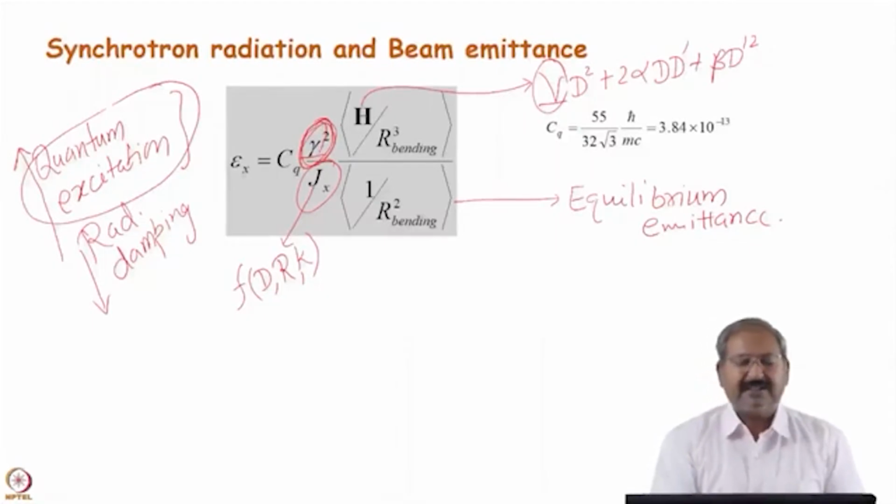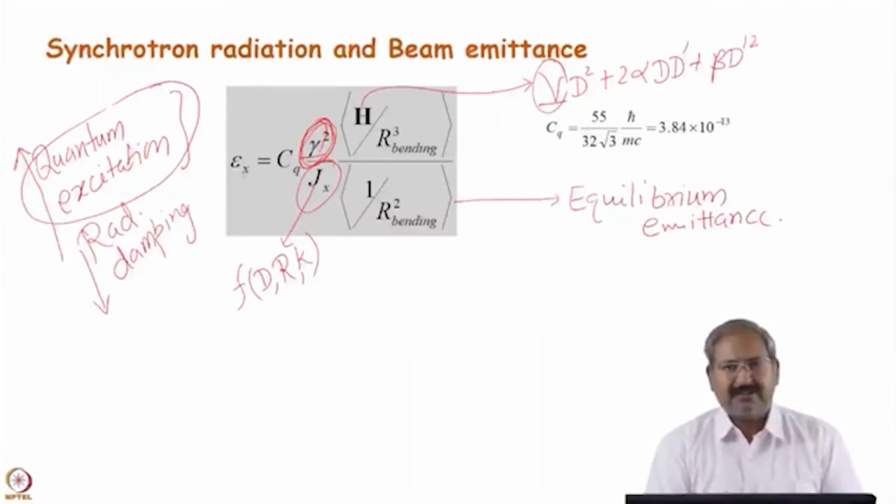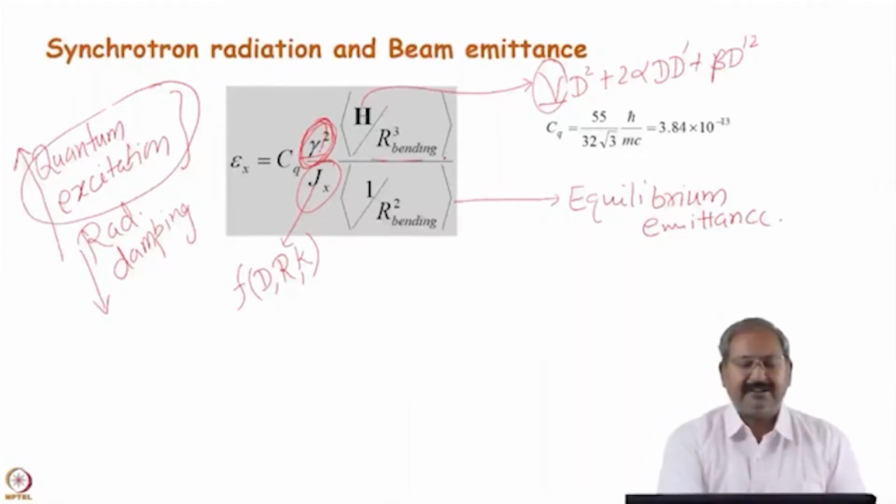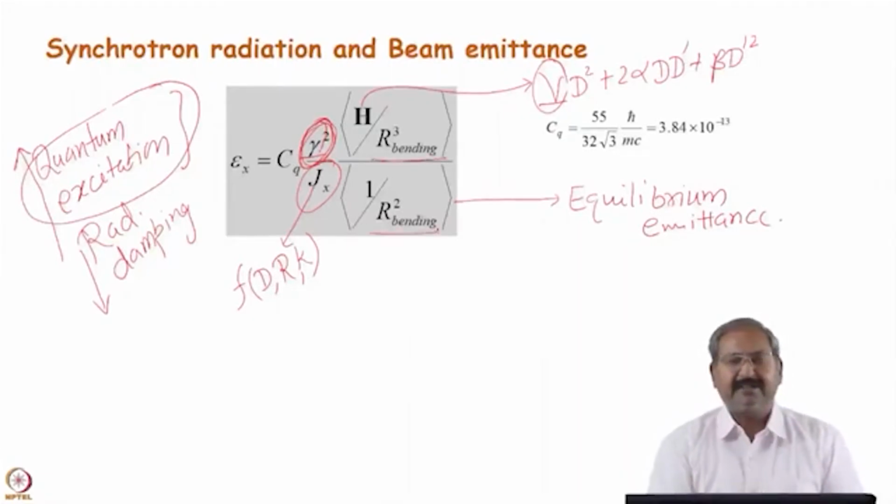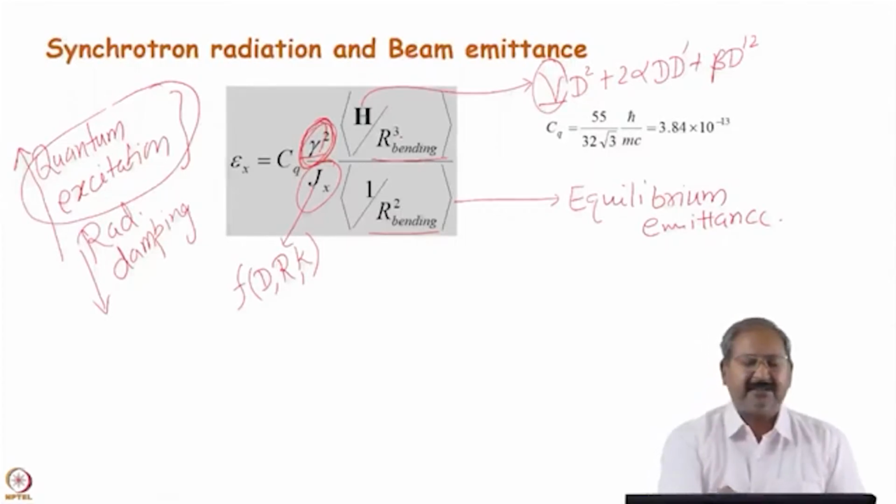And now you can see that if R bending is constant in a synchrotron, means all the dipole magnets are having the same bending radius, there are no different kinds of dipole magnet used in making the lattice, then we can write down H by R cube.